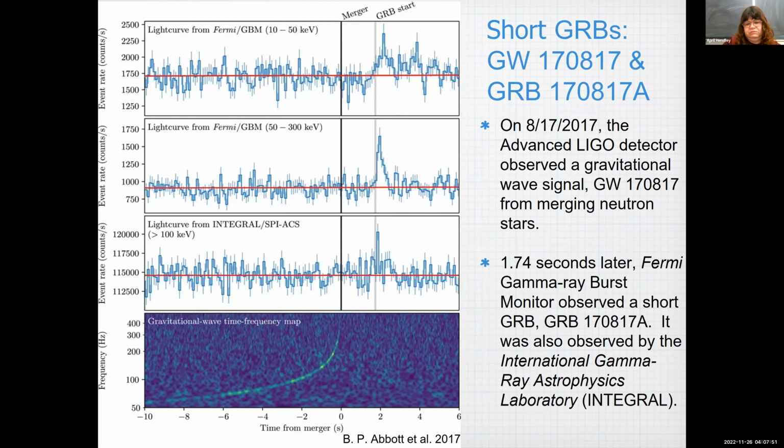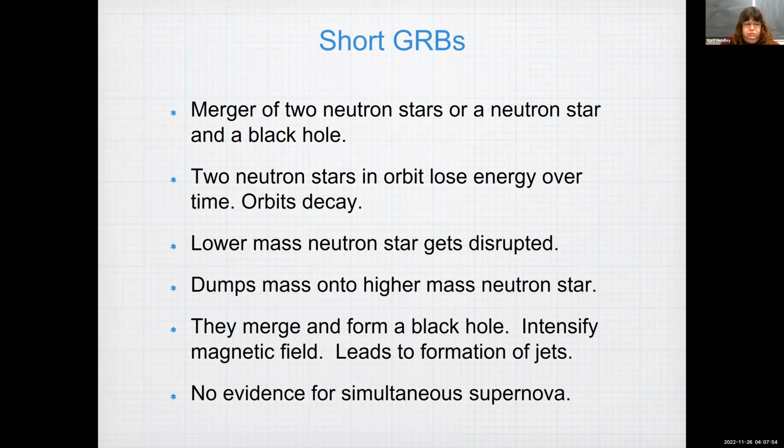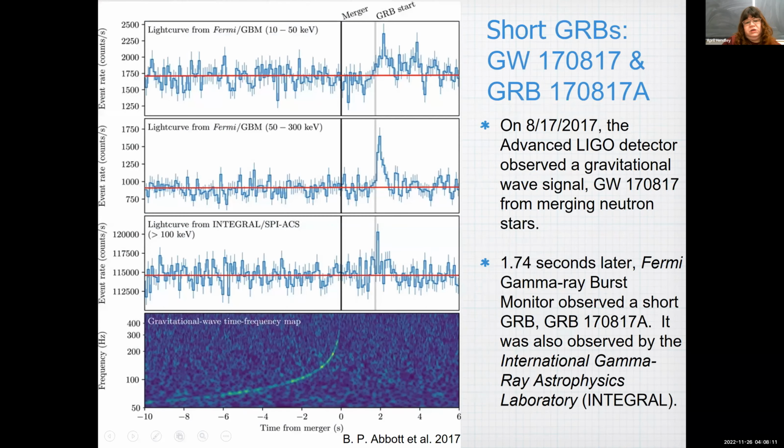And the energy is, like I said, tends to be high energy photons, though the overall energy tends to be less, but the photons that we do get are generally higher energy. So this here on the bottom is basically from LIGO. Anyway, they observed a gravitational wave signal here.